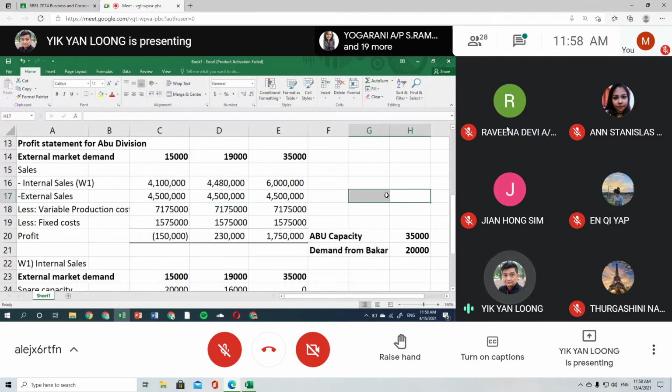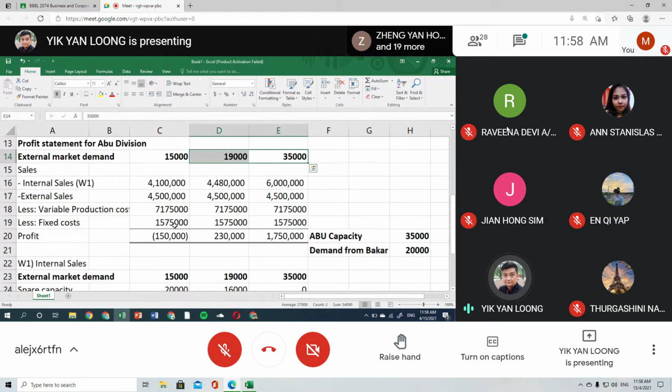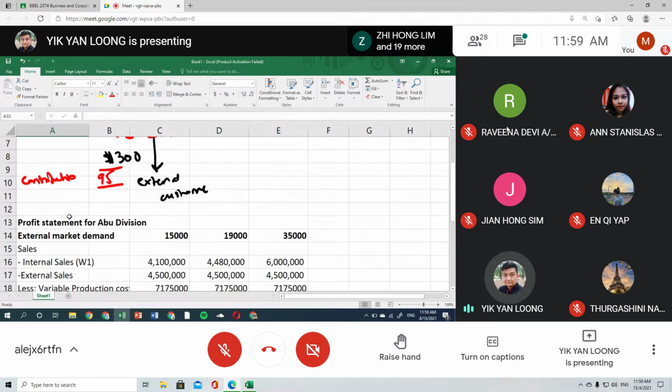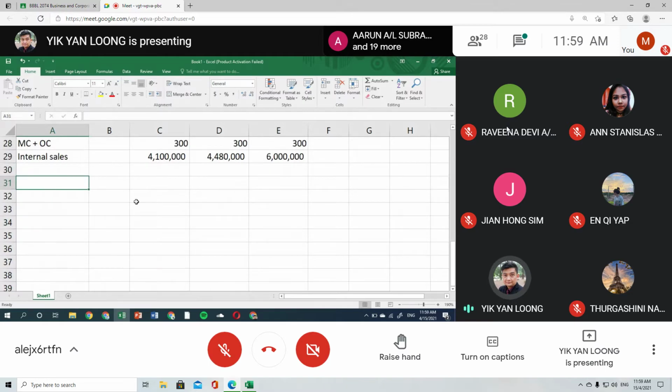Right, so this is the profit statement for Abu division. We still have to prepare the profit statement for Baka division. This one for Baka division is very straightforward.